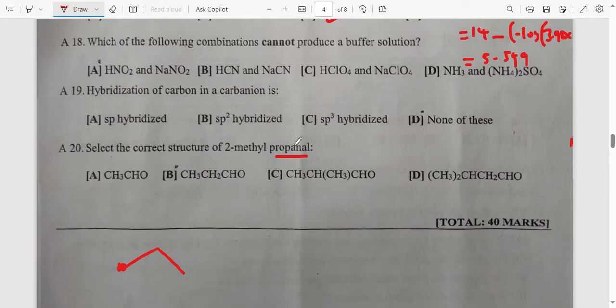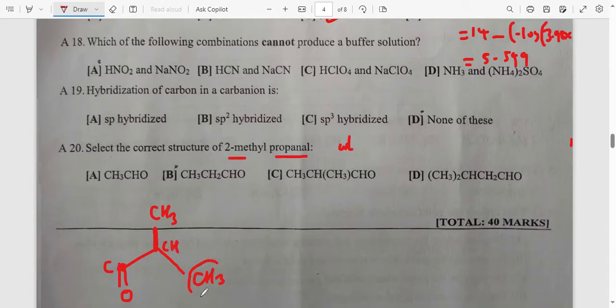But because it ends in AL, it means that it's an aldehyde. Meaning that an aldehyde is at the end of the chain, you have a double bond with an oxygen. And then at position number two, you have a methyl. So this is the structure. At this end, you have CH3. At this end, you also have CH3. At this end, you have a carbon bonded to oxygen. At this end, you have a carbon with one hydrogen.